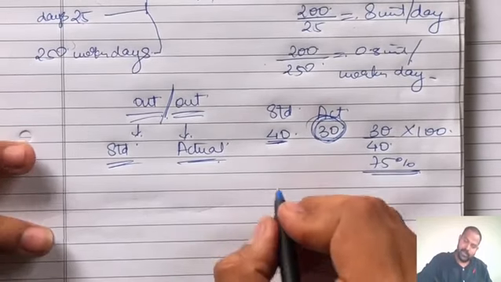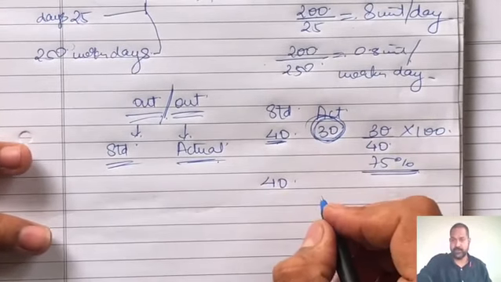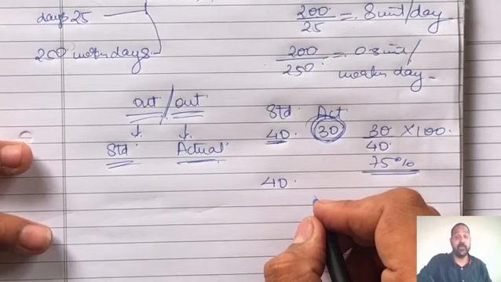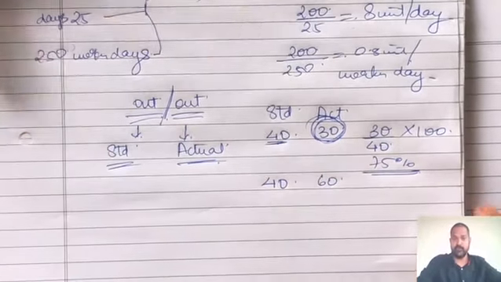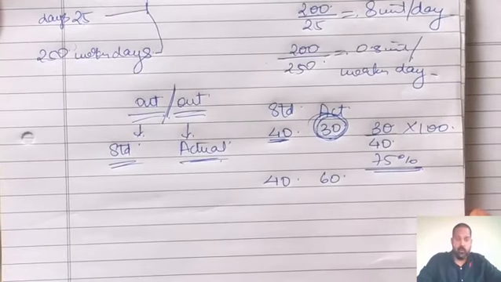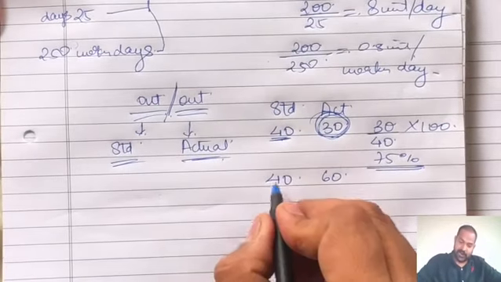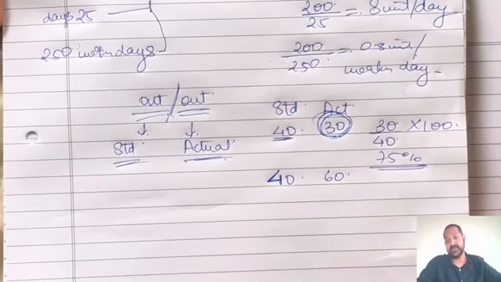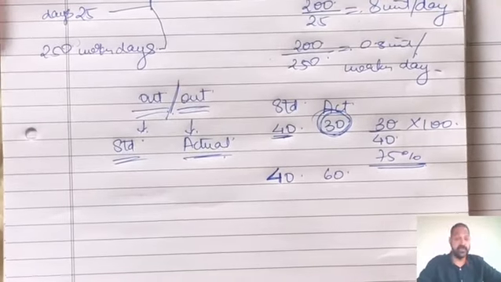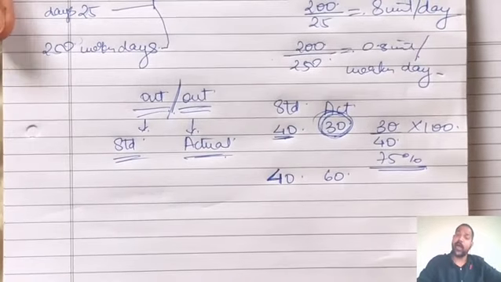Same question. If the standard is 40 units and I am giving you an output of 60 units, am I good or am I bad? Well, you are very good. The standard set is only 40 units, but you are giving me 60 units.